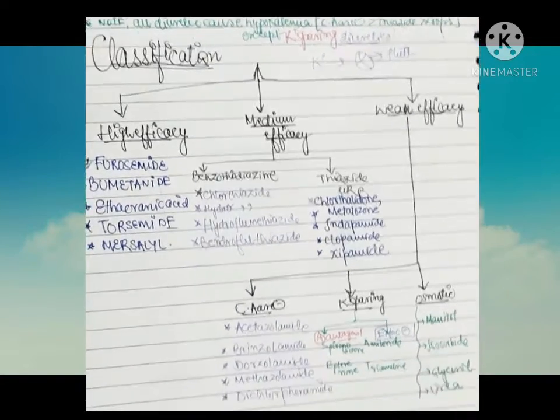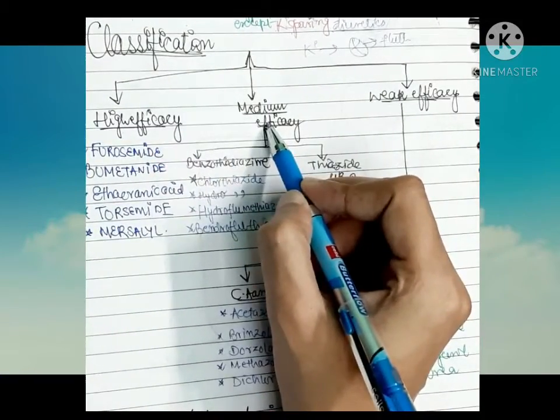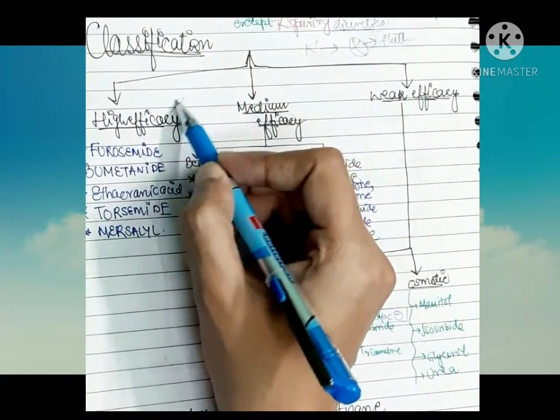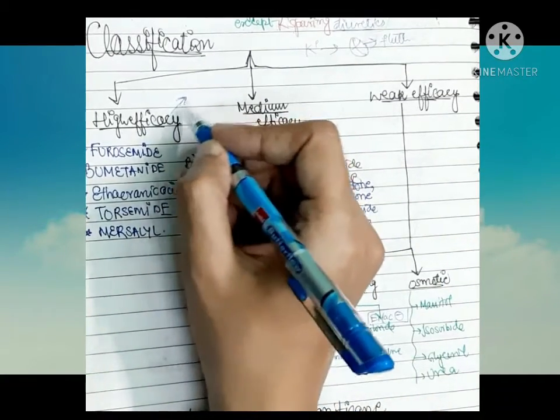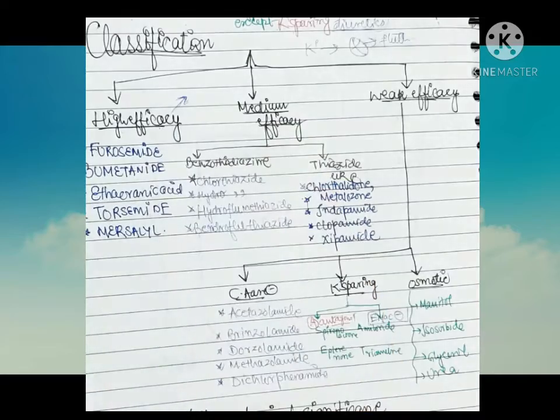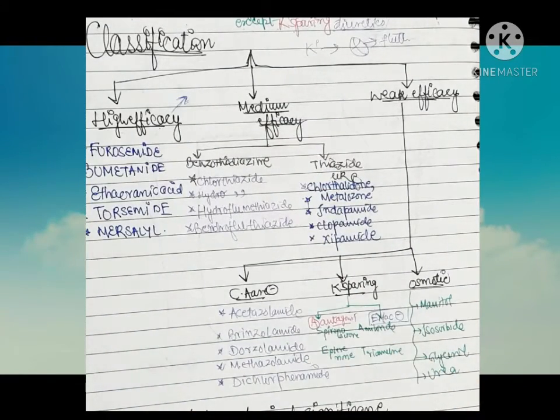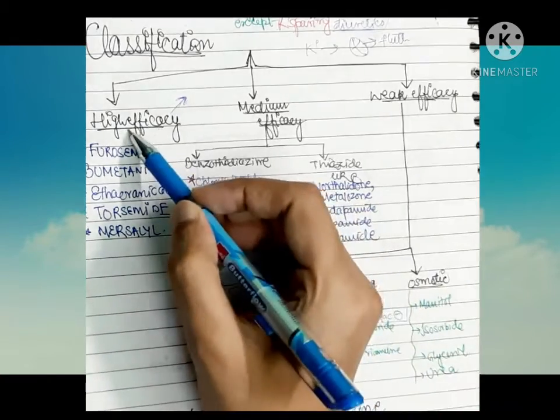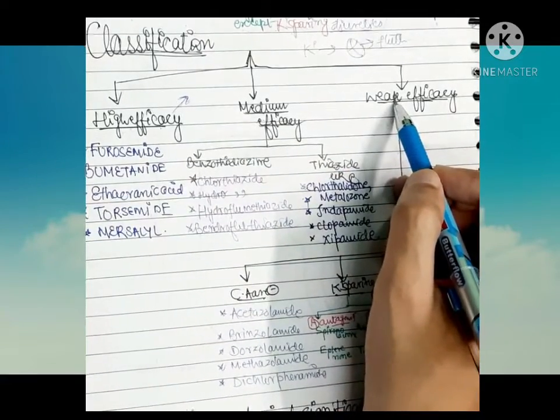Efficacy means efficiency: how much work it is doing, how much it is losing the ions via the passage of the urine. So there will be high efficacy, medium efficacy, and weak efficacy classes of diuretics.